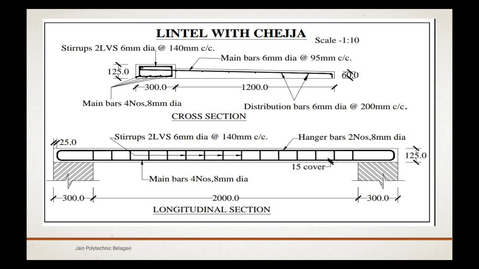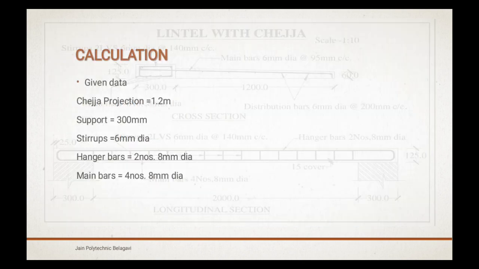Chajja main bars are 4 numbers 8 dia, and stirrups 6 dia at 140 center to center. The chajja's depth is 125, and at the slope the depth is given as 60. Let us learn about the calculation part.